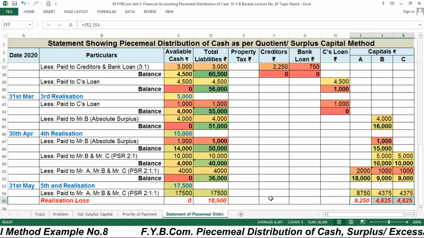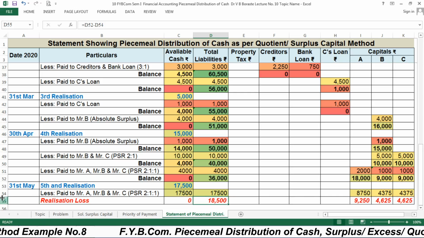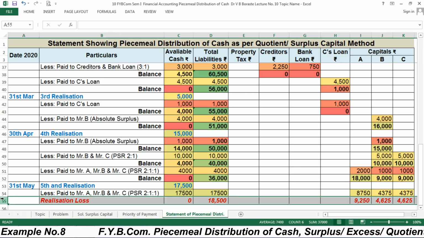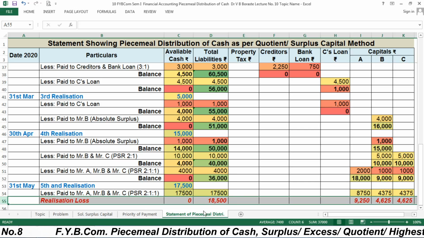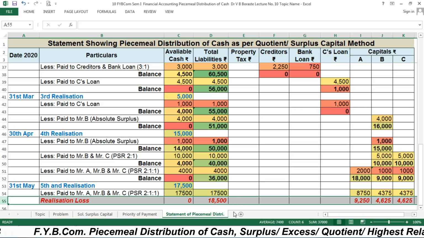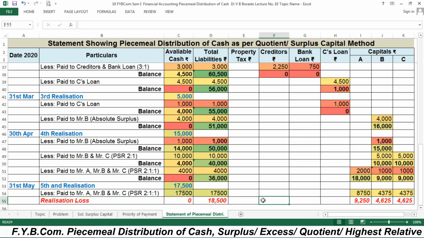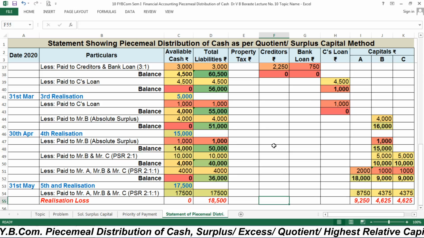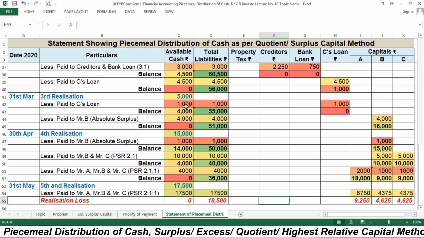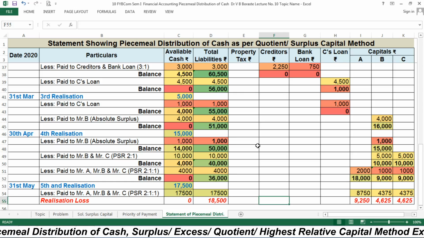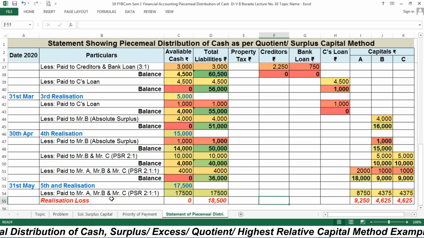The total is 18,500. It simply means that our example is correct. That means our solution is correct, and the realization loss is 18,500. So in this way, you can calculate the surplus capital statement, and you can find out the realization loss.